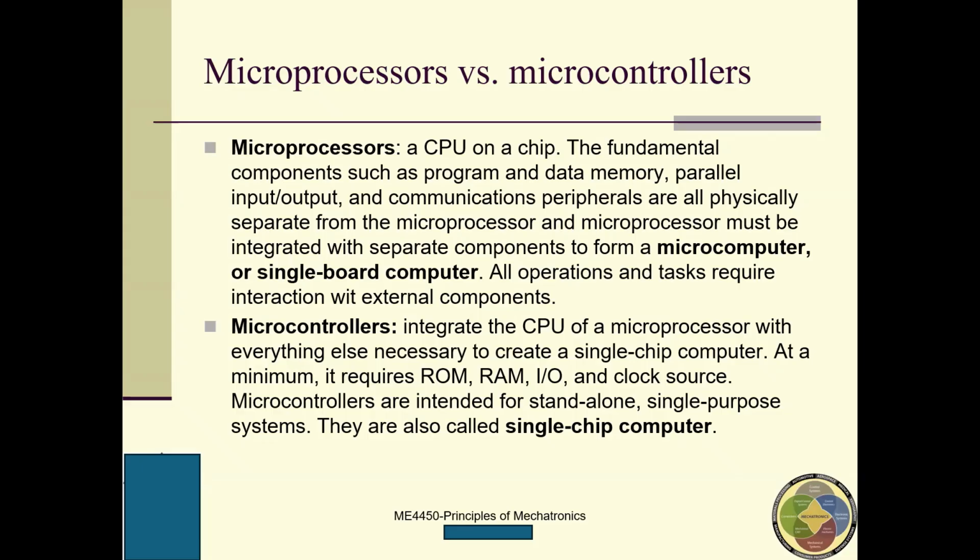The fundamental components such as program and data memory and parallel input and output, along with communications peripherals, are all physically separate from the microprocessor, and the microprocessor must be integrated with separate components to form a microcomputer or single board computer. All operations and tasks require interaction with external components.